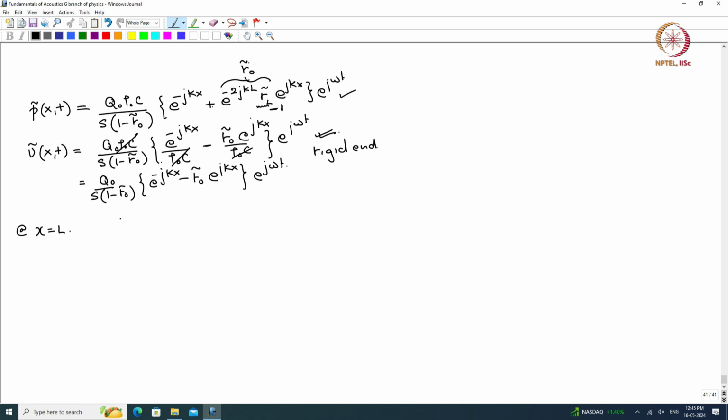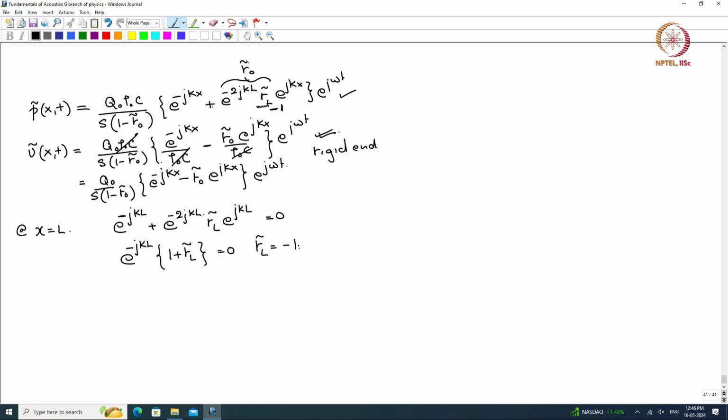I have e to the power of minus jkL plus e to the power of minus 2jkL RL tilde e to the power of jkL equal to 0. So I get e to the power of minus jkL into 1 plus RL tilde equal to 0, then RL tilde is equal to minus 1.